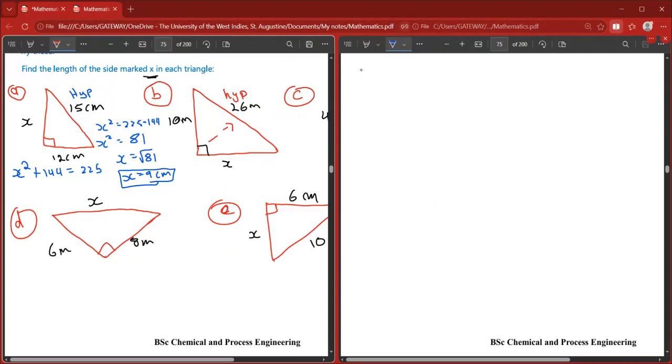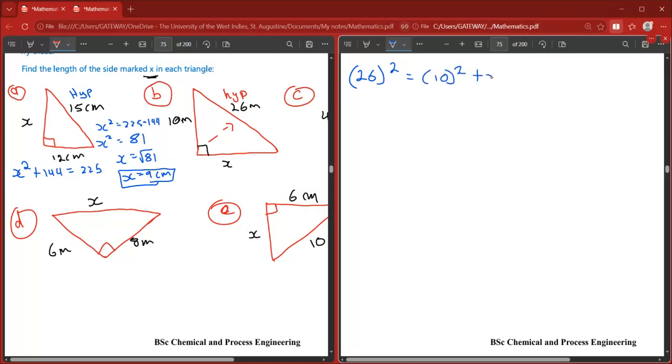So we're going to have 26 squared equal to 10 squared plus x squared. The hypotenuse squared is equal to the sum of the two other sides where each side is squared.